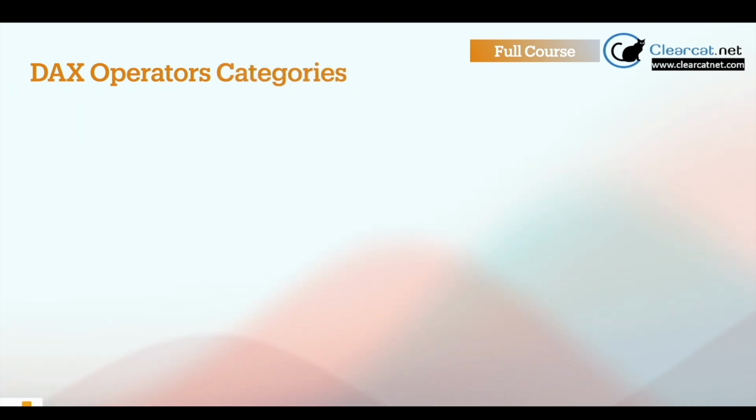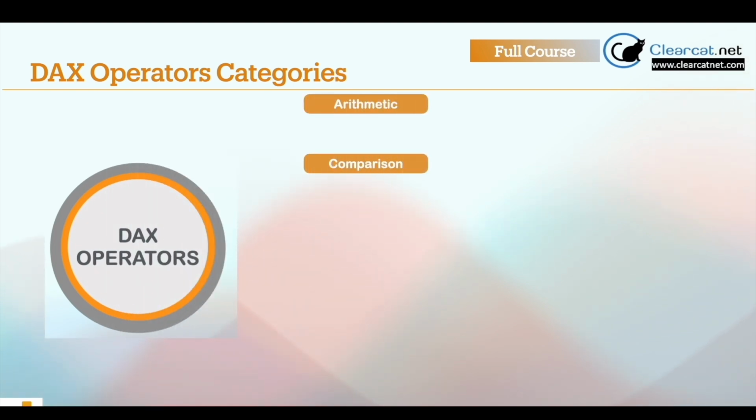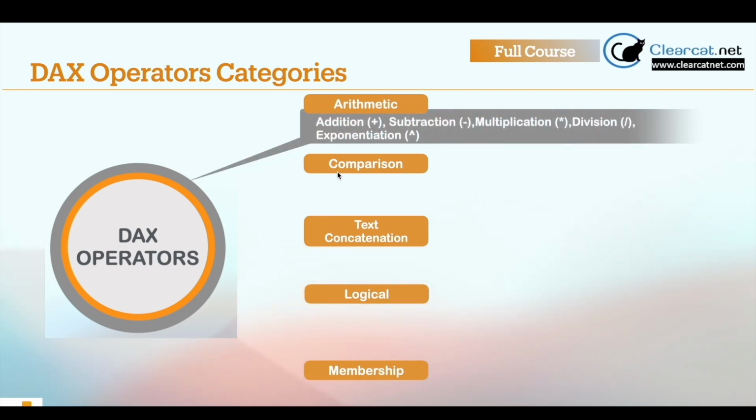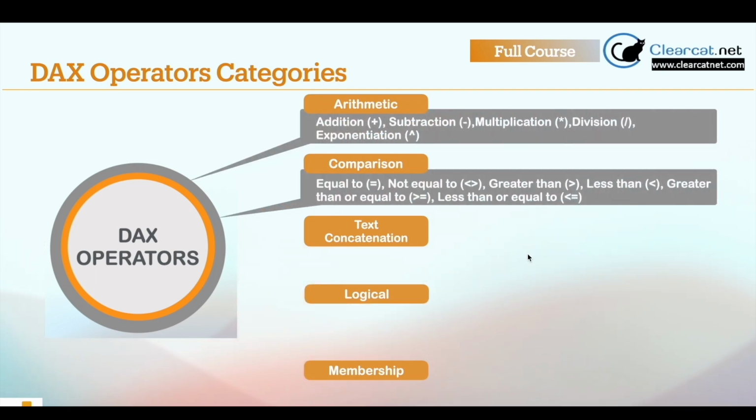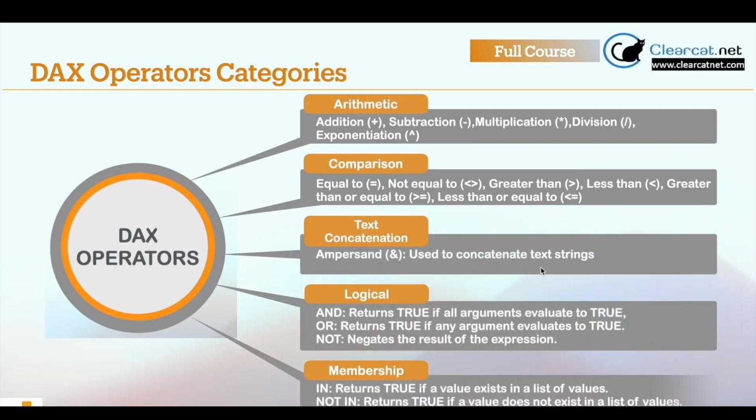There are a total of 5 categories under which all 15 DAX operators fall: arithmetic, comparison, text concatenation, logical, and membership.